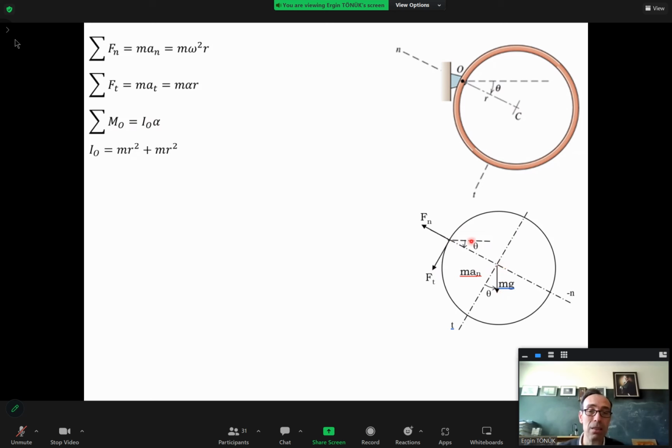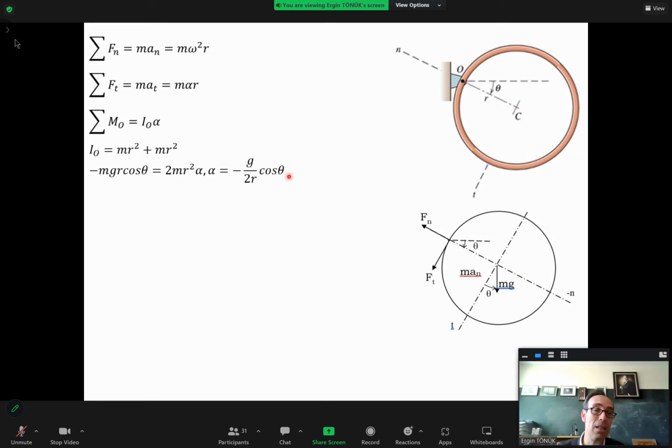So this distance up to here is r cosine theta, okay? So m g r cosine theta, it's negative because I assume alpha and omega to be positive counterclockwise, and actually we know it's going to accelerate in clockwise direction. That's why I have a minus sign.